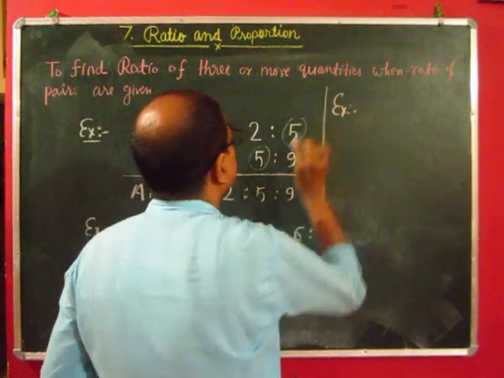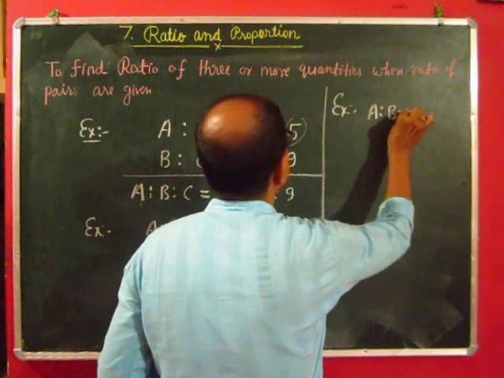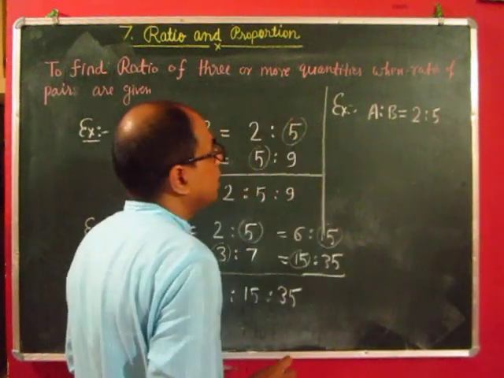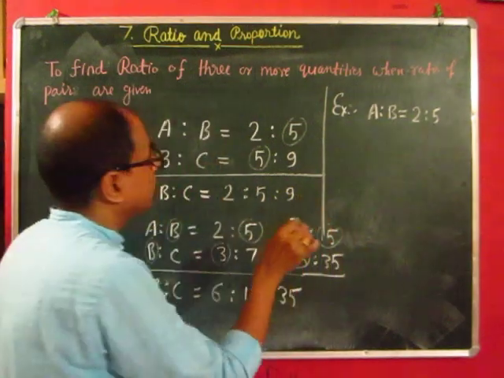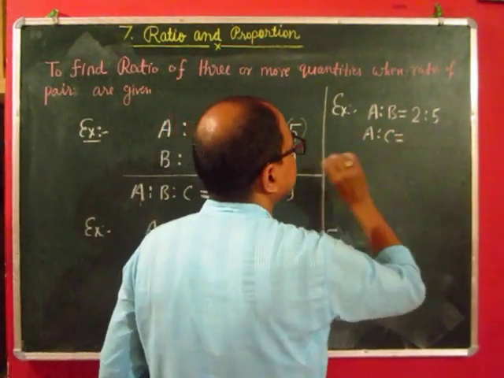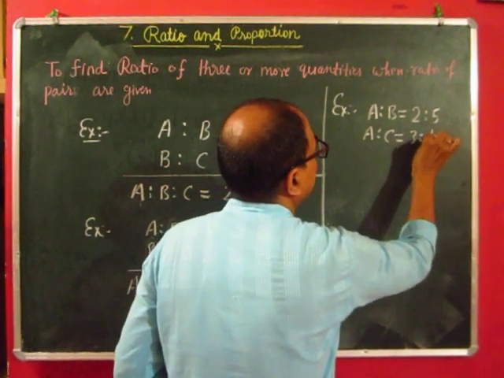Suppose the ratio of A is to B is given as 2 is to 5, and the ratio of A is to C is given as 3 is to 4.